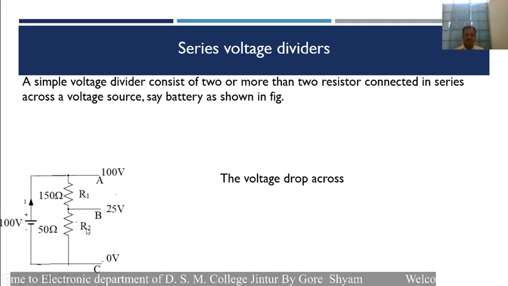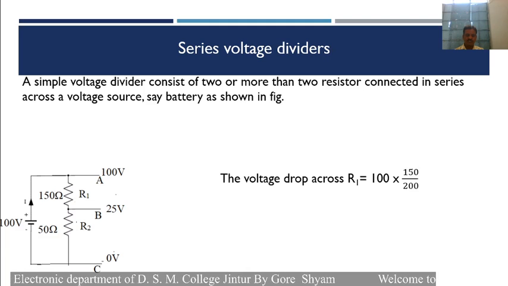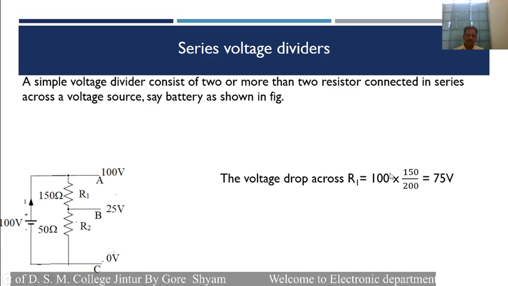Now let us find out the voltage across the resistance R1. The voltage drop across R1, according to the voltage divider rule, is equal to the total voltage, 100 volt, into its individual resistance, 150 ohm, divided by the total resistance, which is 150 plus 50 equal to 200 ohm, and that is equal to 75 volt.